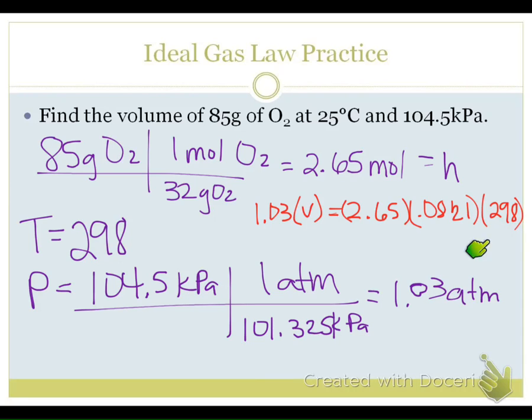We're going to solve this whole right side. Then we're going to divide it by the 1.03 to get V by itself, which means our final volume should be what? 62.9, or about 63 liters, somewhere in there. How do we know it's coming out in liters? Yeah, that's what our R value tells us. We've got to have it in liters.